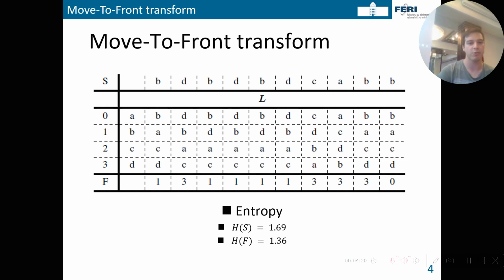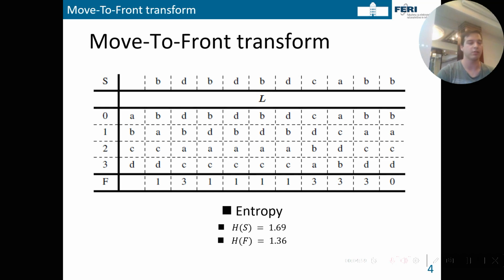Here we can see that the patterns of the same element will produce the sequence of zeros in the output stream F, and the patterns of alternating characters will produce the sequence of ones, as can be seen in the example. In this way, the entropy of the data can be decreased.